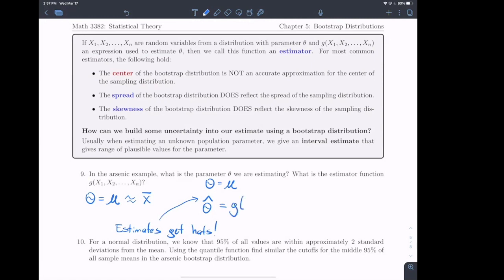In this case, it's a function of the 271 observations that we had in the arsenic example.